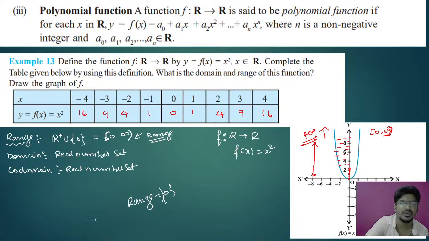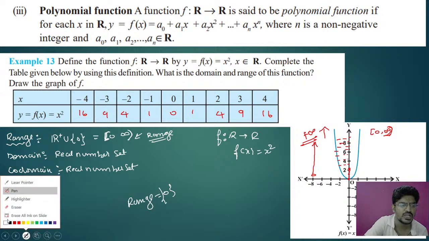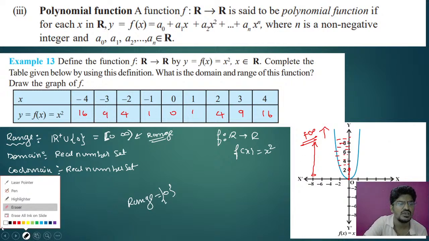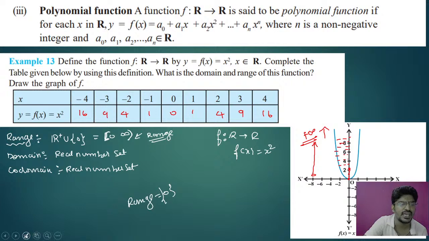So please remember everyone, very very important, and this is going to be asked many times in your exams. This has been asked many times in CET, JEE Mains, as well as your board exams. So that's why I am telling you this is your range.